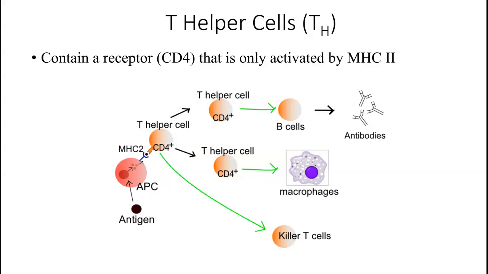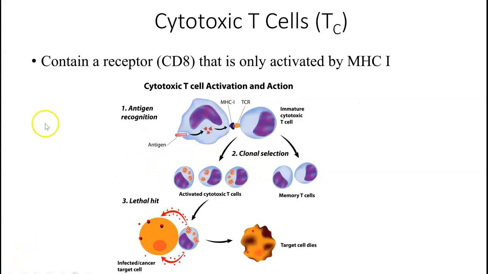Those macrophages can gobble up a pathogen and then display those antigens on its class 2 MHC, and those T helper cells can recognize that as well. So that's why I call them professional antigen presenting cells, because they're part of the immune system. And our T helper cells with CD4 receptors will recognize those cells.